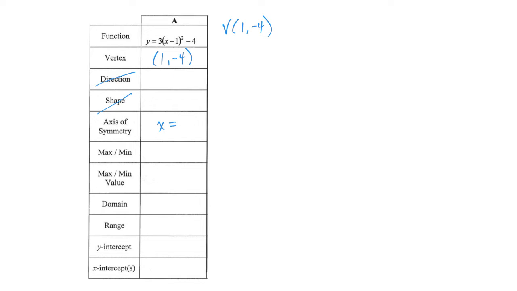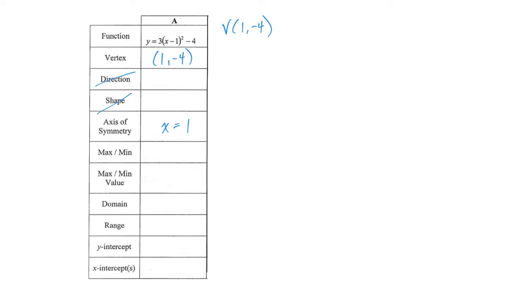And I know that it passes through the x-coordinate of my vertex. So x = 1 is my axis of symmetry. I need you to know that if you simply jotted down 1, you're wrong. You will not receive any marks for that. What you're telling me there is a value, when the axis of symmetry is a line. So make sure that we state it as an equation.